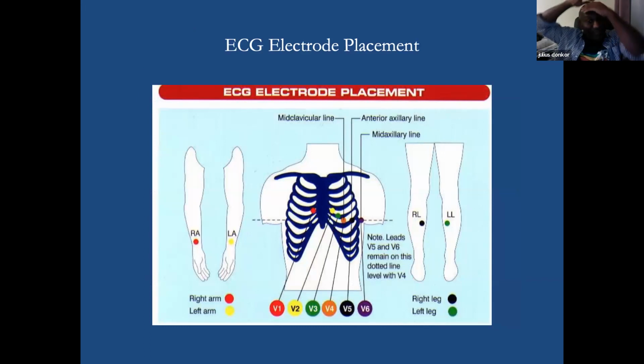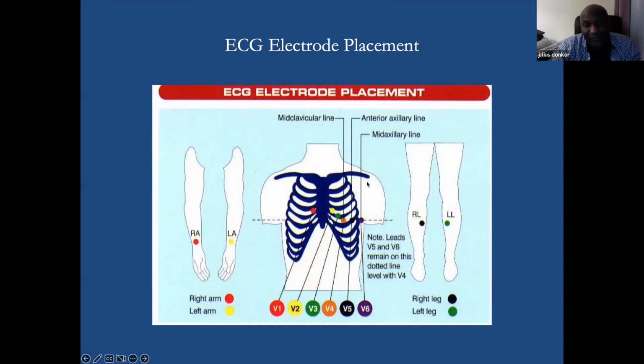So your 12 lead ECG. AJ brought up that we should really look at how the ECG placements are with your 12 lead ECGs. The center bit here is your chest leads, just to recap on what we said last week. This consists of 6 electrodes. In the 4th intercostal space to the patient's right is your V1, and the 4th intercostal space to the left is your V2.